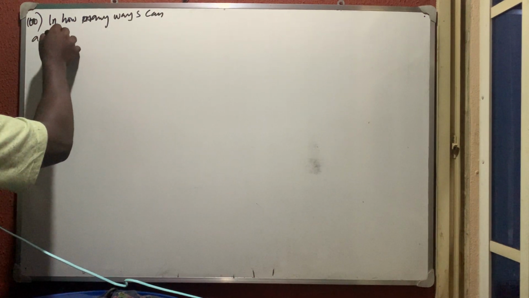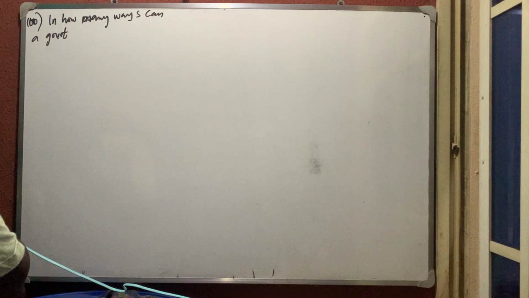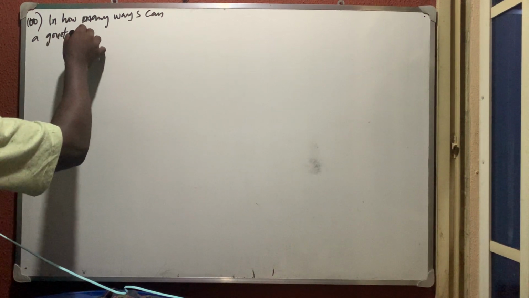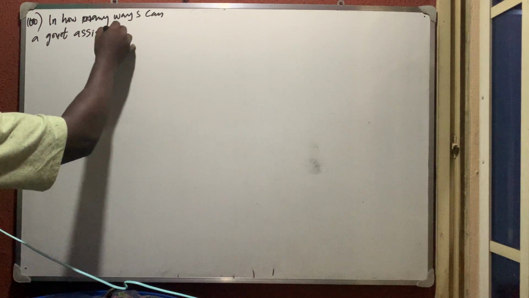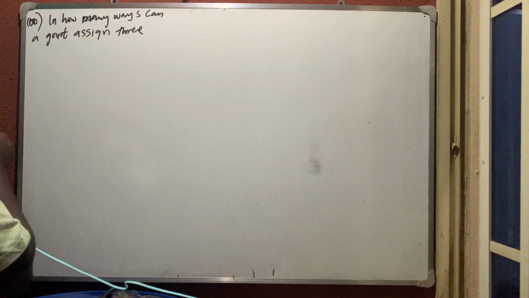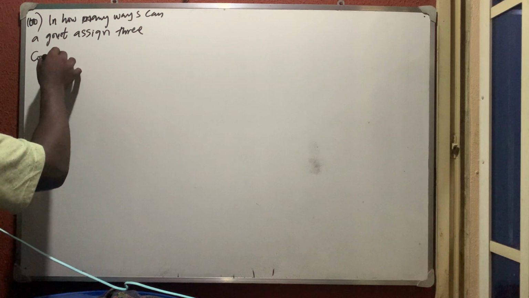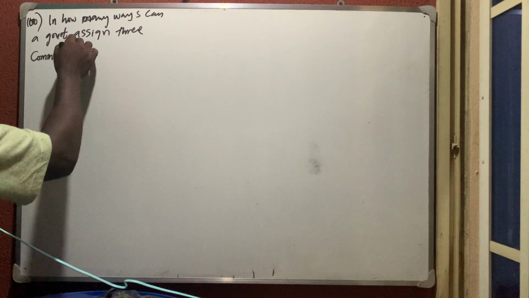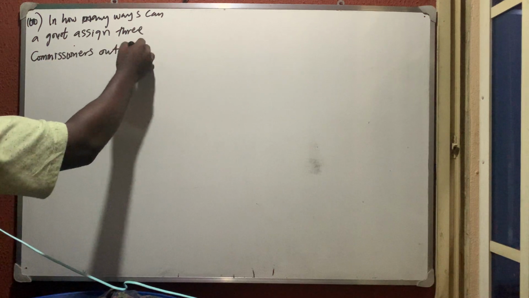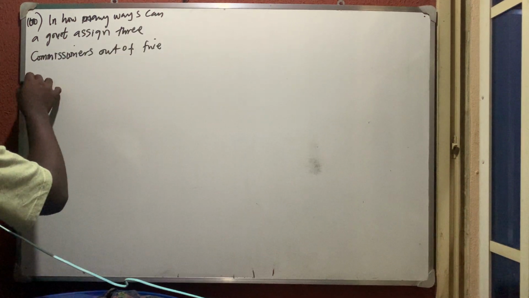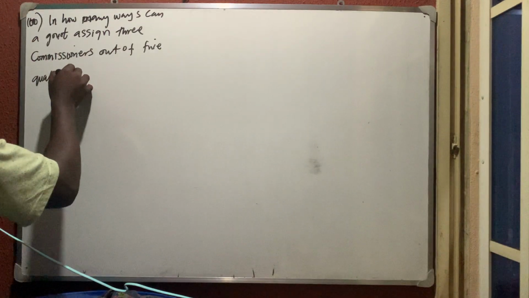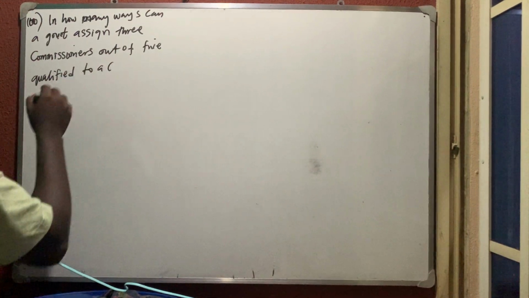Okay, question 100 said: in how many ways can a government assign 3 commissioners out of 5 qualified to a certain job?